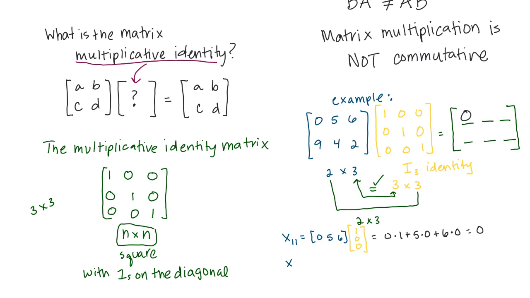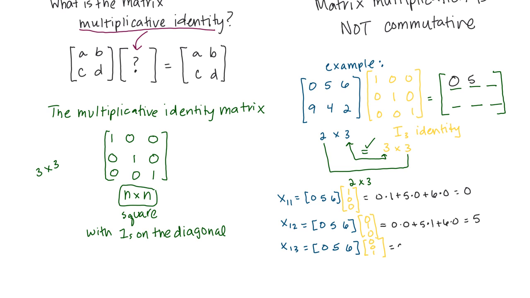So let's go through a couple entries. So this x11 entry is going to be a 0, first row, first column. This second entry here is going to be first row, second column. And that gives us 0 times 0 plus 5 times 1 plus 6 times 0. And so you see how the zeros are strategically placed, and the 1 is strategically placed to leave the digit in the position that it's supposed to be.